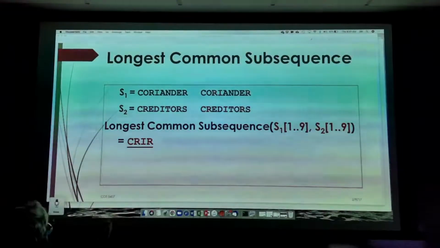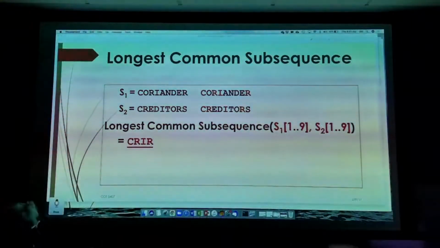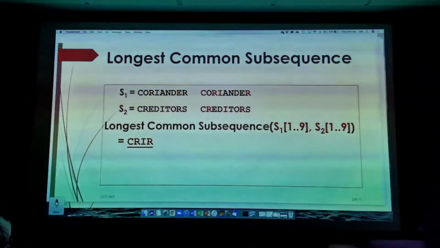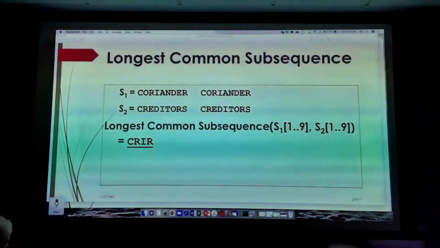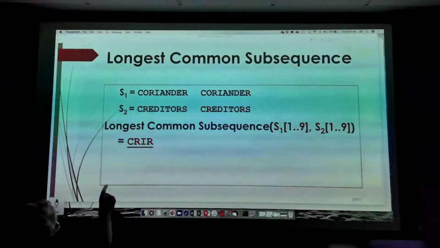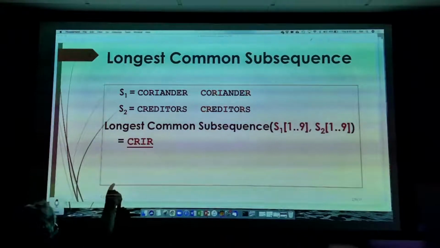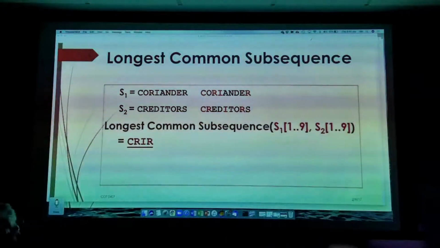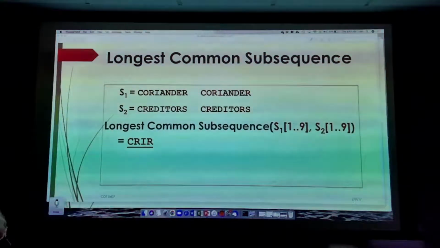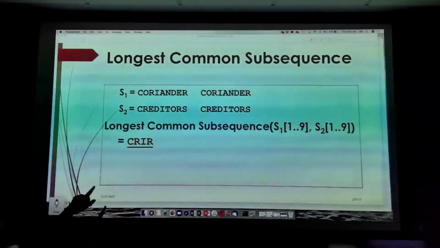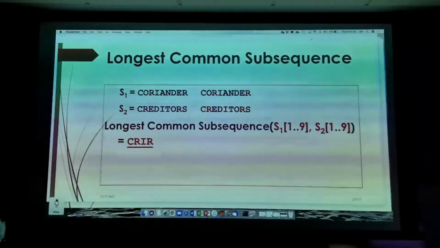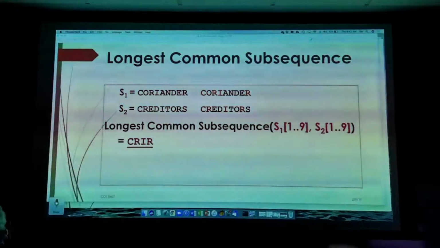Now, as you can see, it's possible that some letter shows up more than once, but you have to know which letter you're picking in each case. So when I say CRIR, the first R is the first R in coriander, and the second R is the last R in coriander, and same thing with creditors.